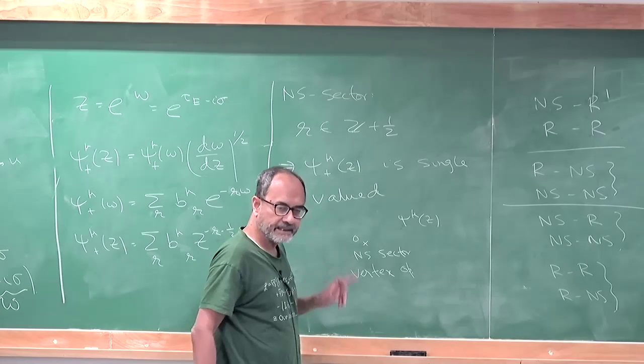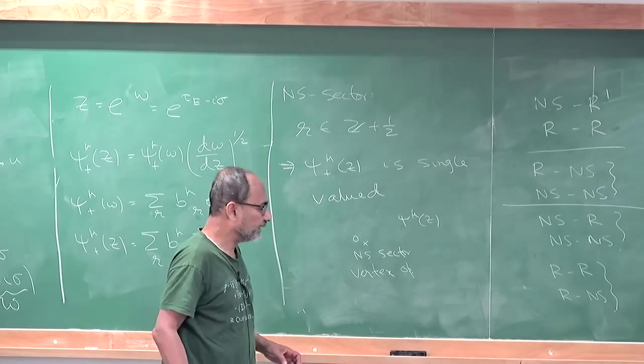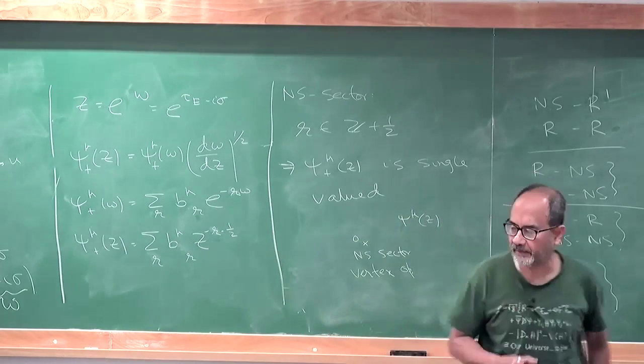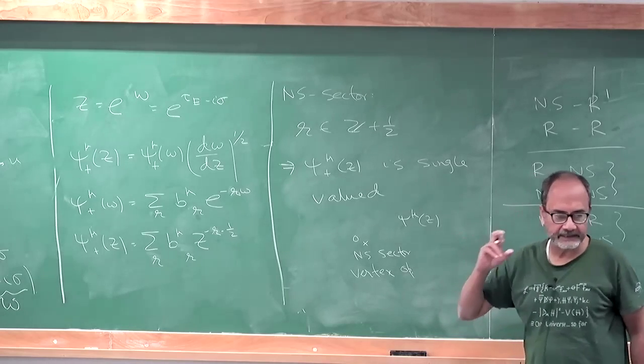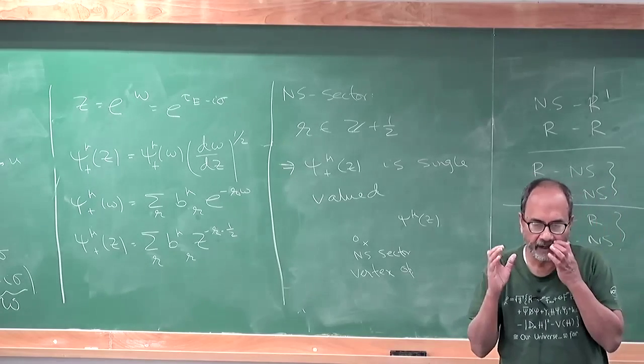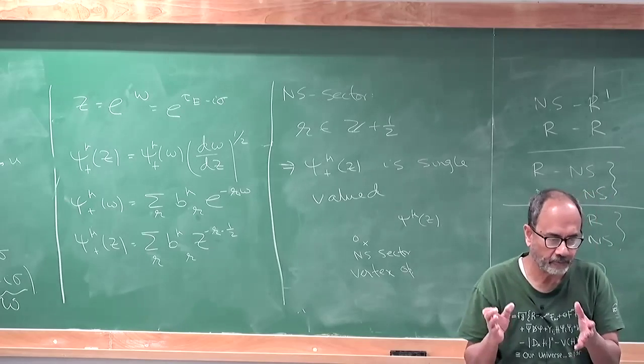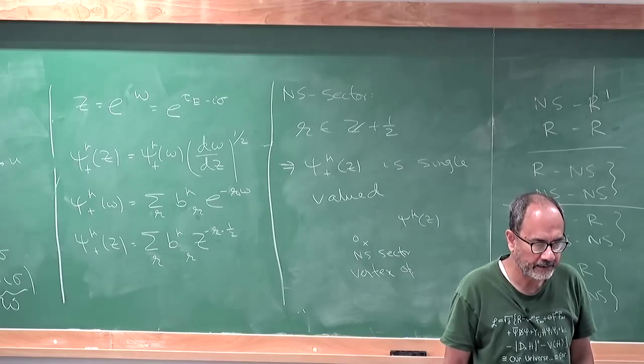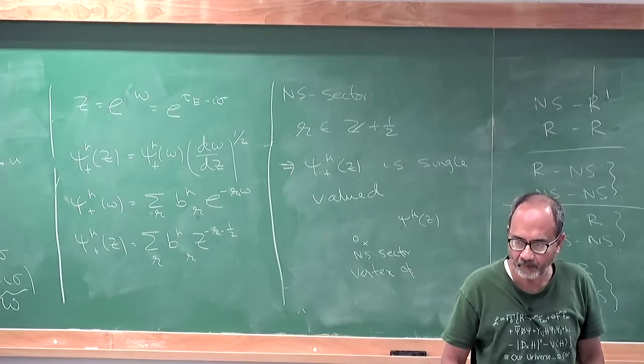In particular, this implies something about the SL2R invariant vacuum. By convention, the states are created by applying vertex operators on the SL2R invariant vacuum. Suppose you didn't put any vertex operator, or put the identity operator.